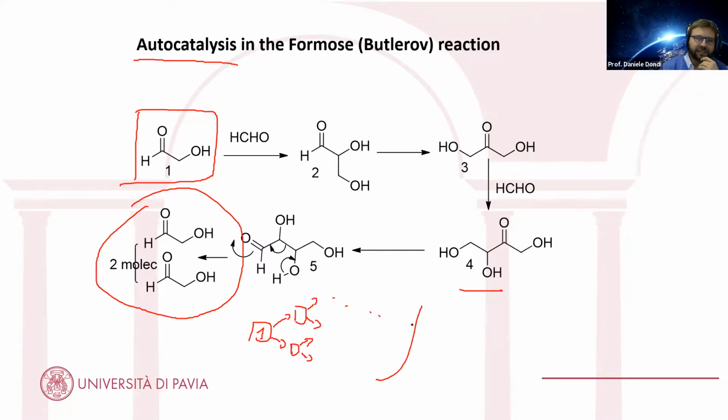It means it has an exponential growth in the amount of glyceraldehyde, but you are eating the formaldehyde. So at some time, you will finish the formaldehyde, and the reaction will start the decomposition of everything. But since I never told you what life is for me from the chemical point of view, I can imagine that the autocatalytic reaction is a living reaction.